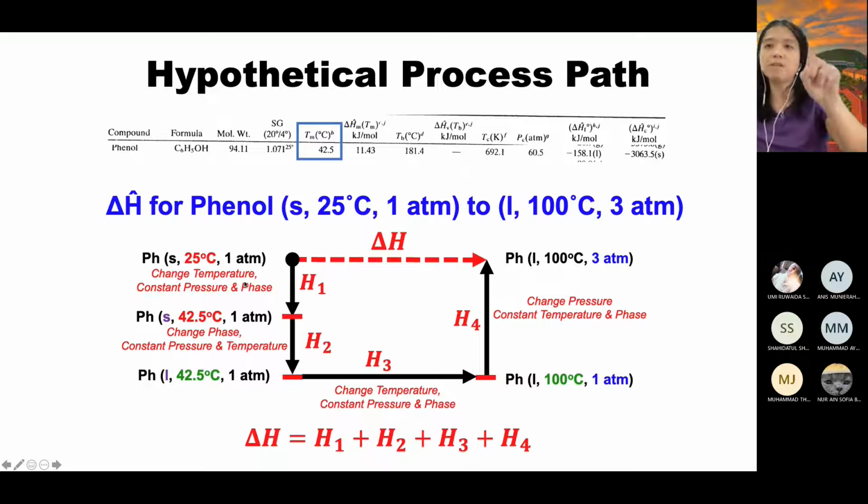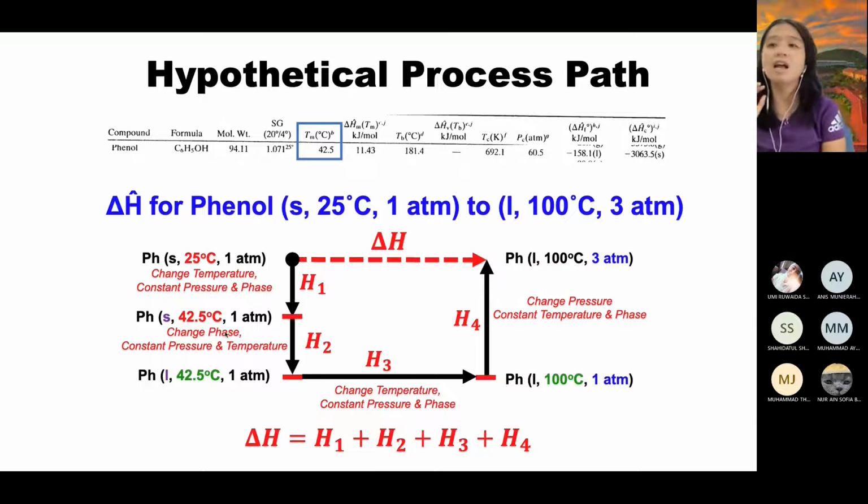Enthalpy yang path pertama ni, jalan pertama ni adalah untuk mengira enthalpy di mana ada perubahan suhu daripada 25 to 42.5. Kalau perasan, phase masih sama, temperature yang berubah, tekanan masih sama. So, saya just kira enthalpy bila saya naikkan suhu daripada 25 to 42.5. Enthalpy because change of temperature.